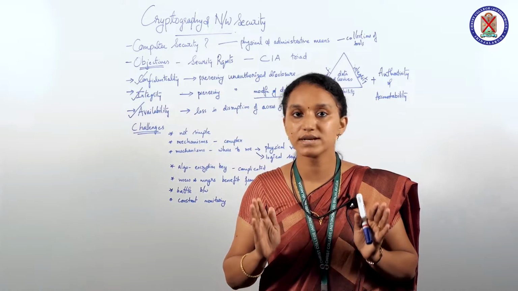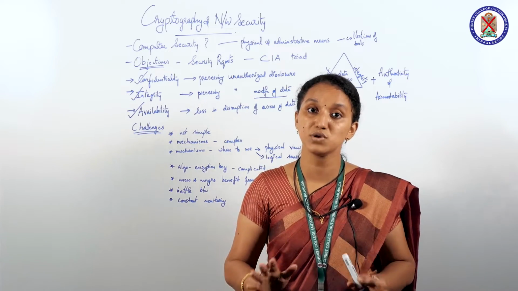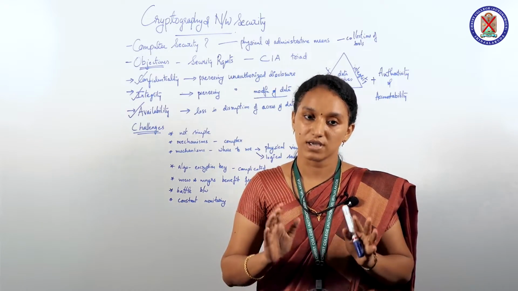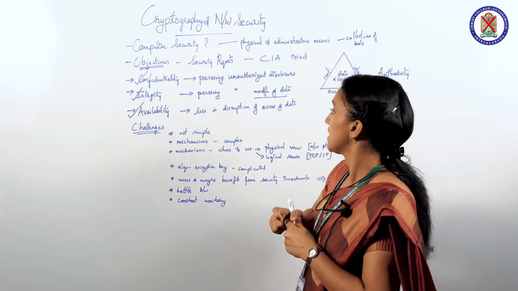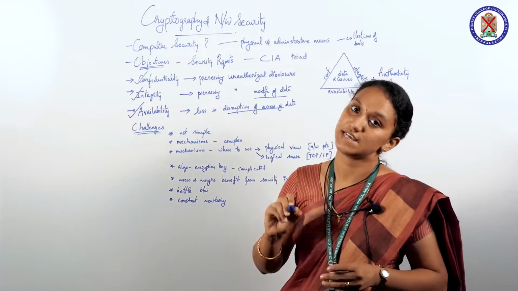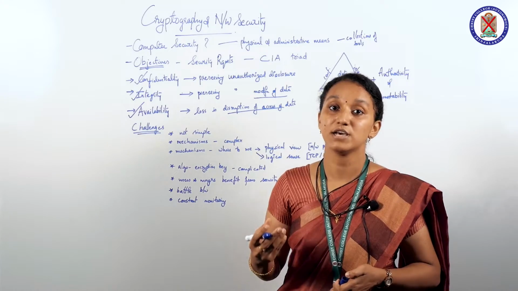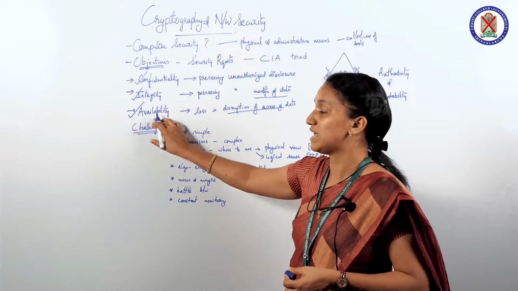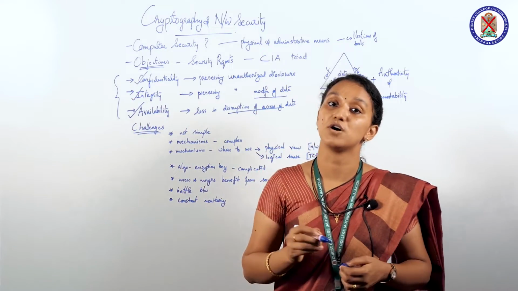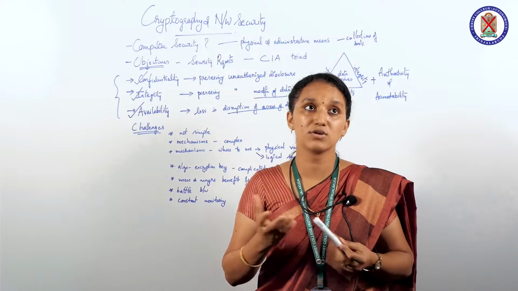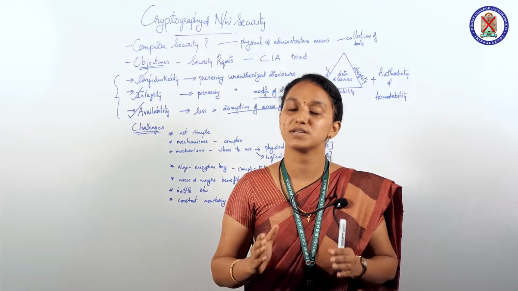Authorized users should not be denied any services they have access to. So loss of availability is nothing but disruption of access to data. Now we have dealt with three important objectives of security, which are also the security requirements, and they can be represented using the CIA triad.